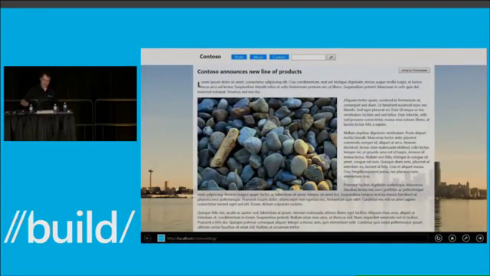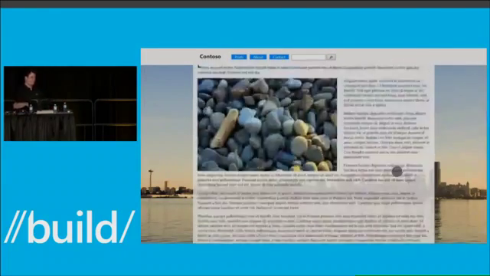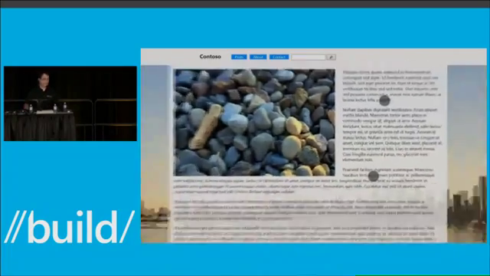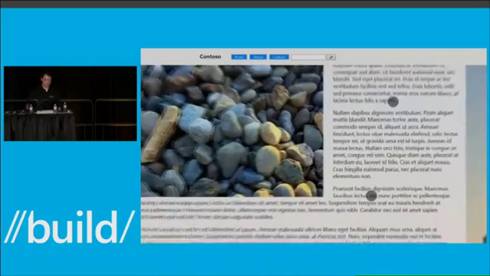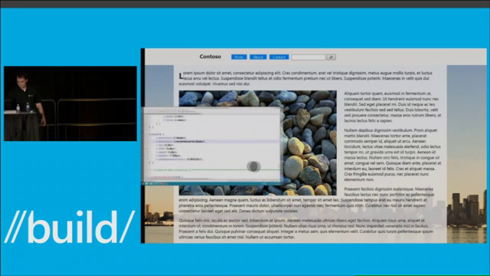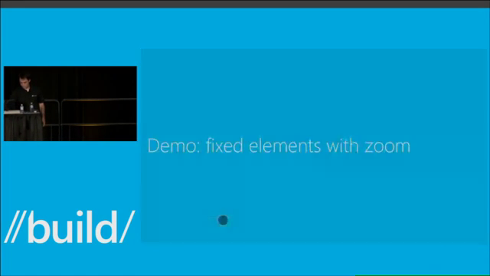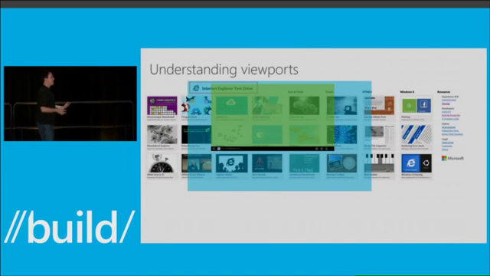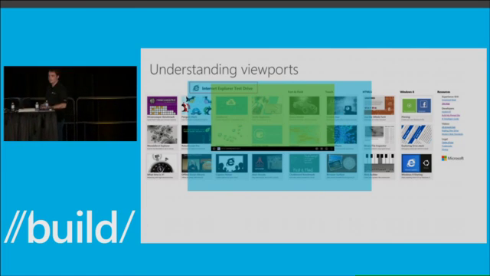And as I pan, it behaves just like before, it's staying fixed at the top. But now as I zoom in, it stays on the screen and doesn't fly off. And this is okay because I don't care about the alignment. So use fixed positioning when you care about how it's positioned relative to non-fixed elements, and use device fixed positioning when you care about how it's positioned on the screen.